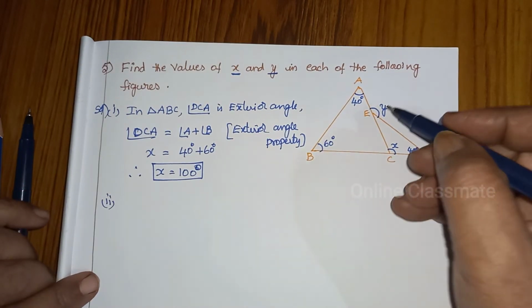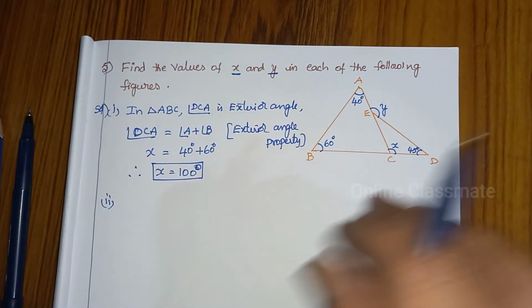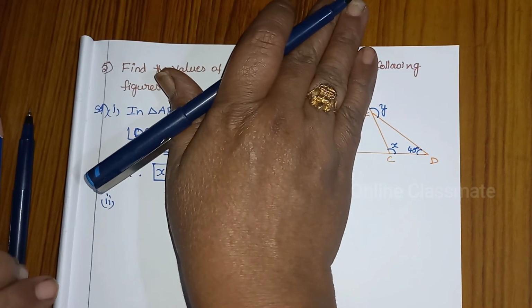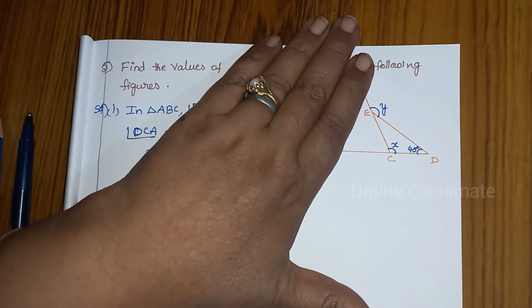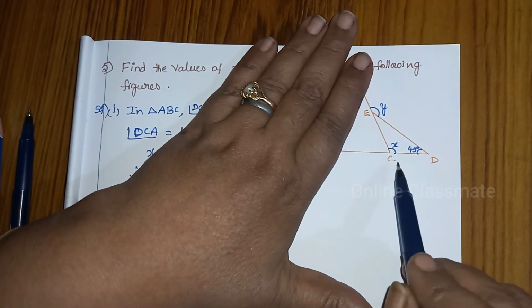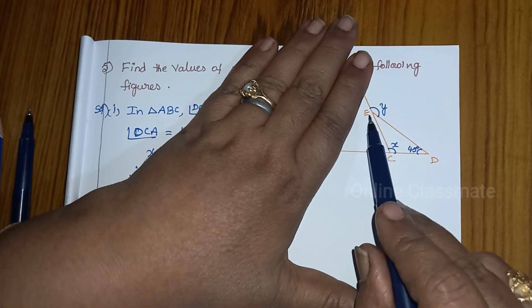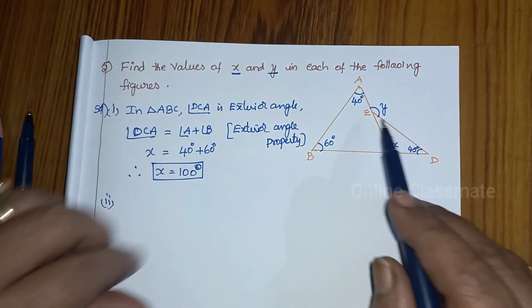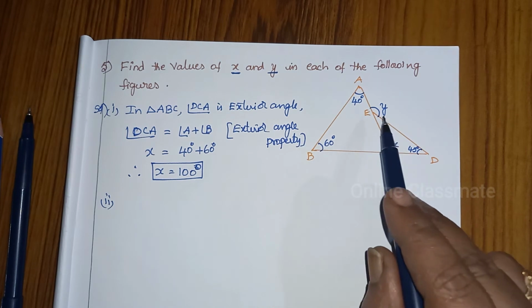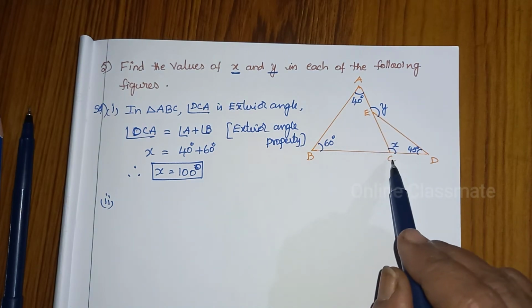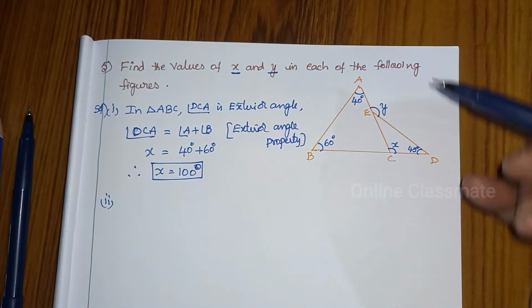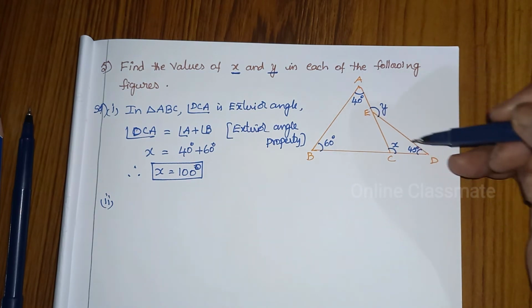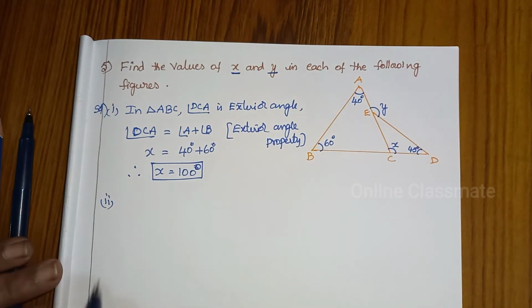Observe the y here. Now, you can take triangle CDE. y is the exterior angle of triangle CDE. What is the exterior angle? AED is the exterior angle. Write that one.